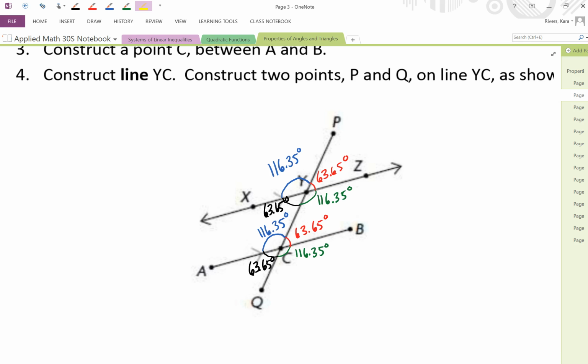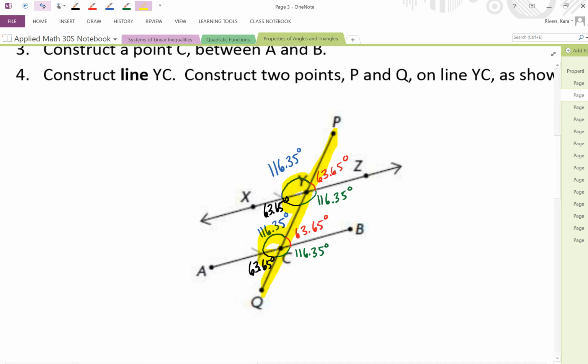We can also see, I don't know if you noticed, if you add those two angles, they across are making a straight line, right? This is our straight line here. So across this angle adds up to 180 degrees. 116.35 plus 63.65, that would give you 180 degrees. If you go this way along the line, same idea. These add up to 180 degrees.